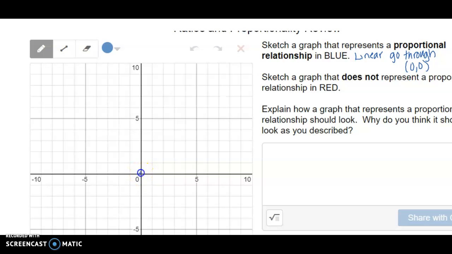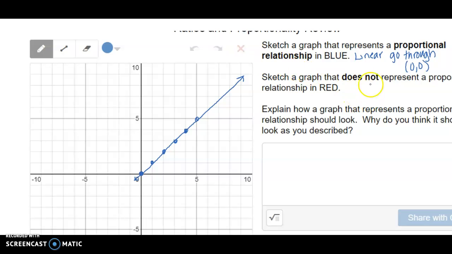So in order to do a linear through the origin, just going to create a straight line. I'm going to sketch it as best I can through that origin. So there is a proportional relationship.